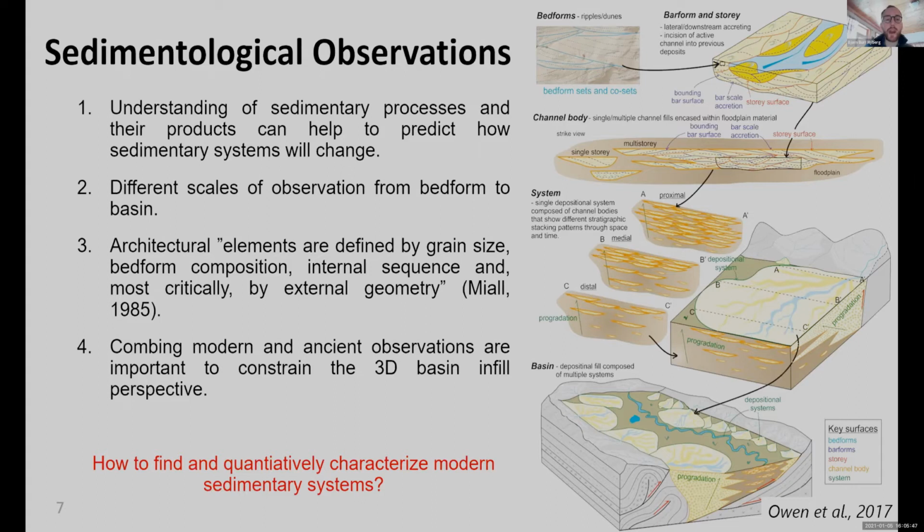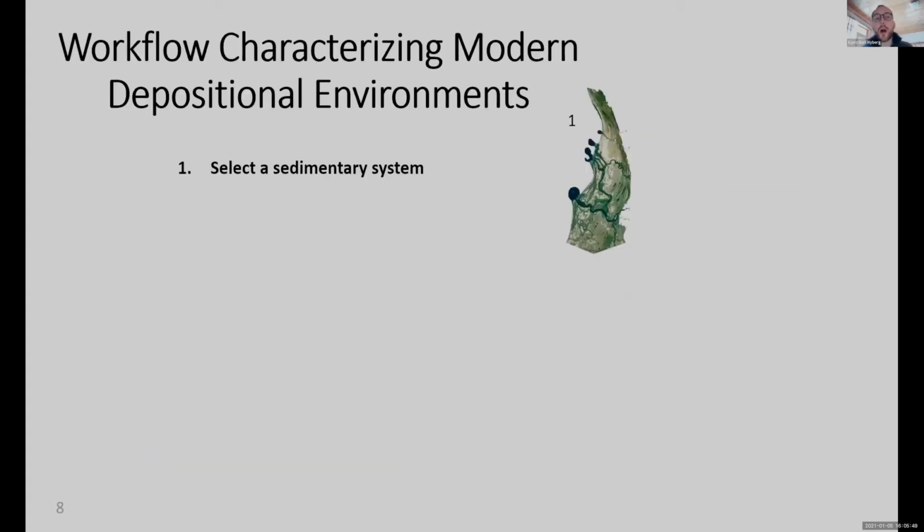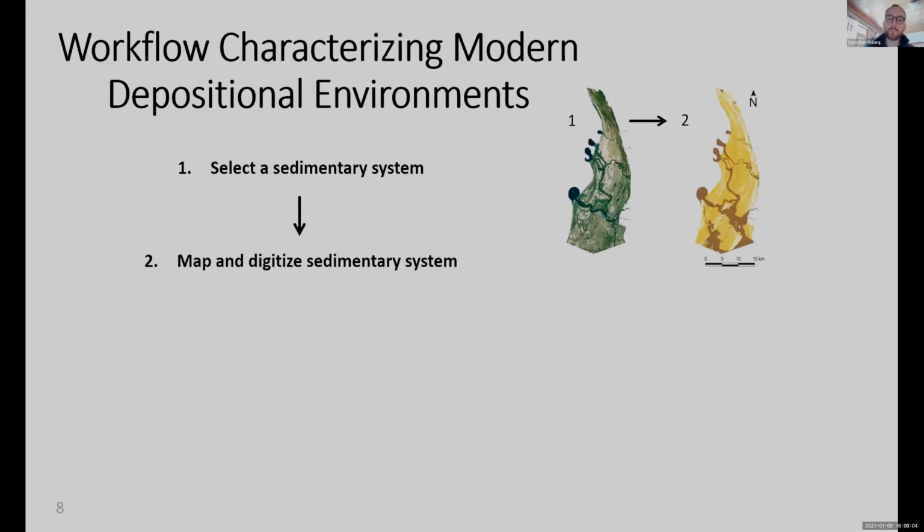So having said that, how do we find a modern deposition environment? Well, I would say that you have essentially 4 steps. The first is to select a sedimentary system that is analogous to your ancient environment that you're trying to understand. Second, map and digitize that modern sedimentary system so we can start to describe the different geometries that we have within that environment.